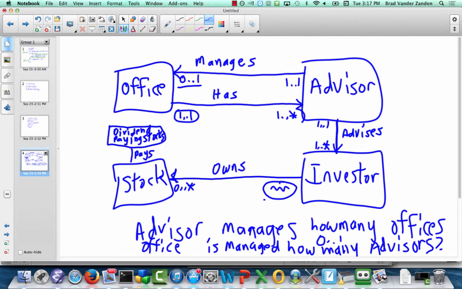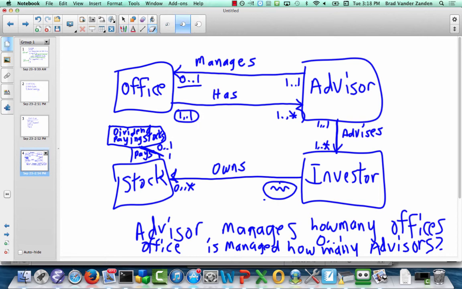So the multiplicity: a stock does not have to pay a dividend. But if it does, it will be there only once. So a stock may or may not pay a dividend. Not all stocks pay dividends. A lot of tech companies don't pay dividends. They want to reinvest everything. But a dividend is always associated with a stock.